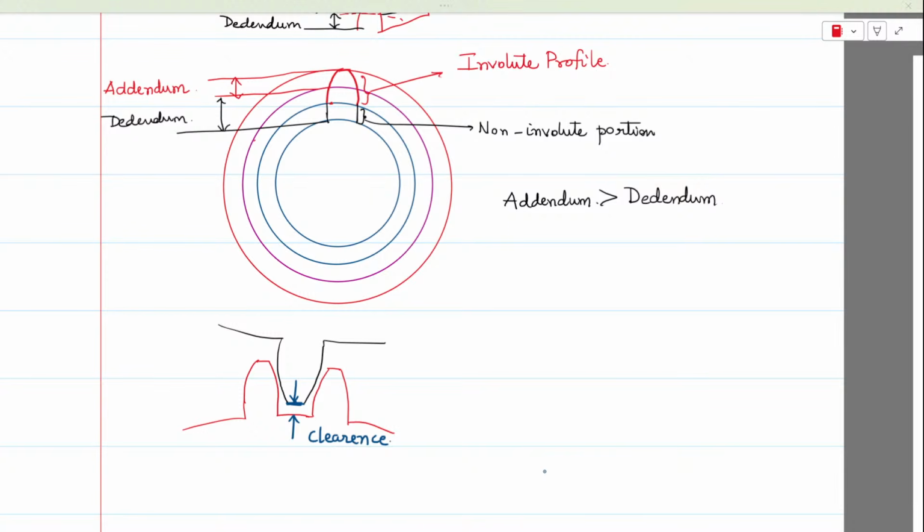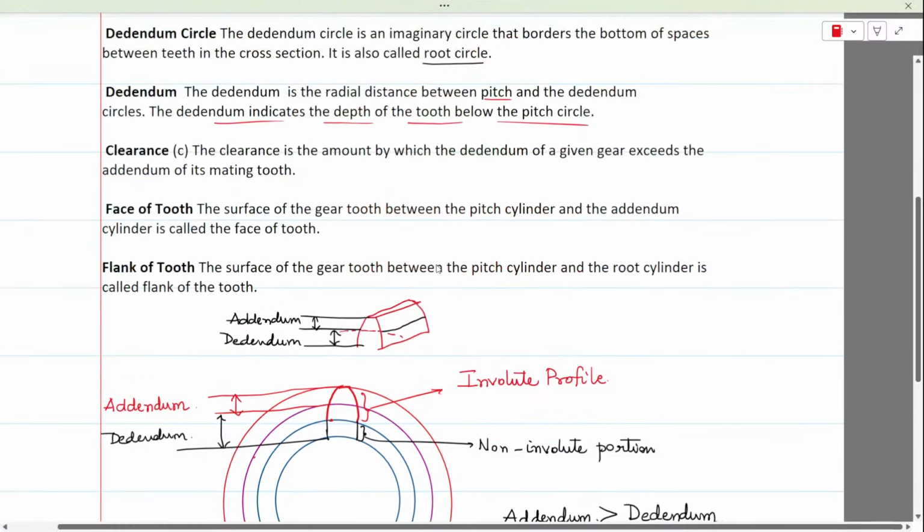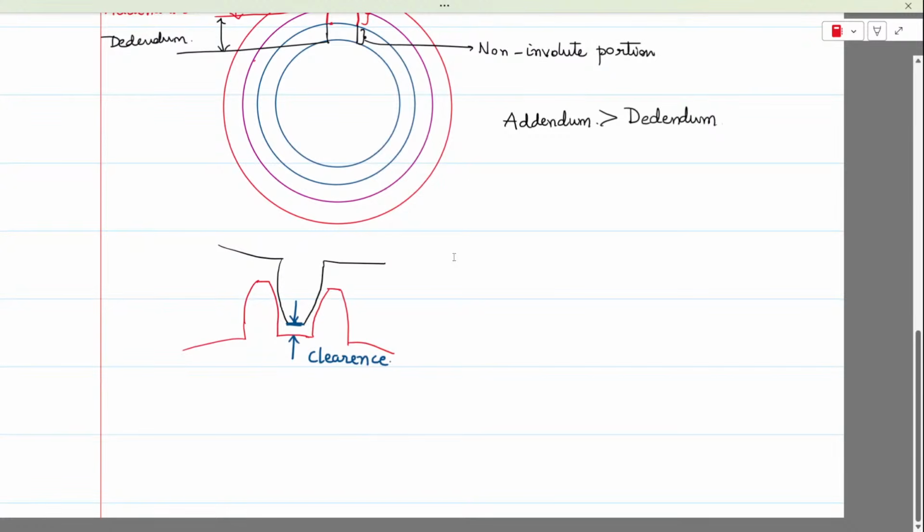This gap is called clearance. Remember that this clearance also provides a provision for lubricant to flow between the interacting surfaces. That's what the clearance would be doing.